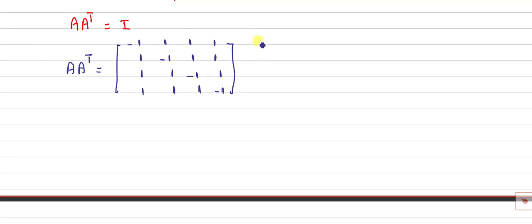And A transpose, it means we change from row to column and column to row, is minus 1, 1, 1, 1; 1, minus 1, 1, 1; 1, 1, minus 1, 1; and 1, 1, 1, minus 1.